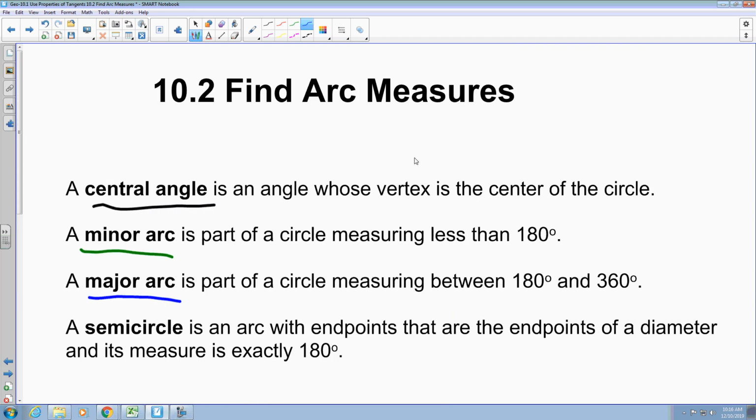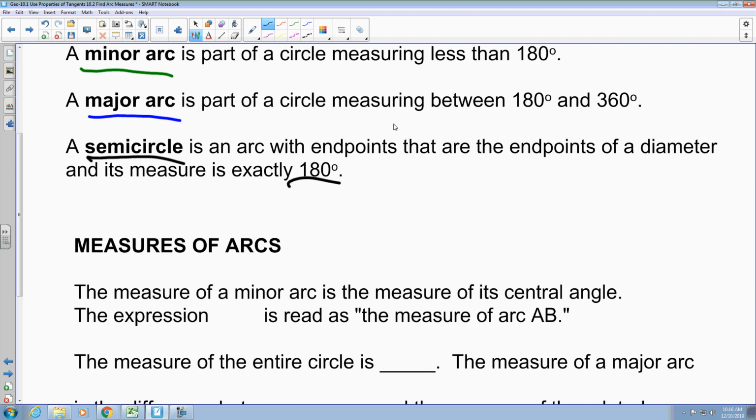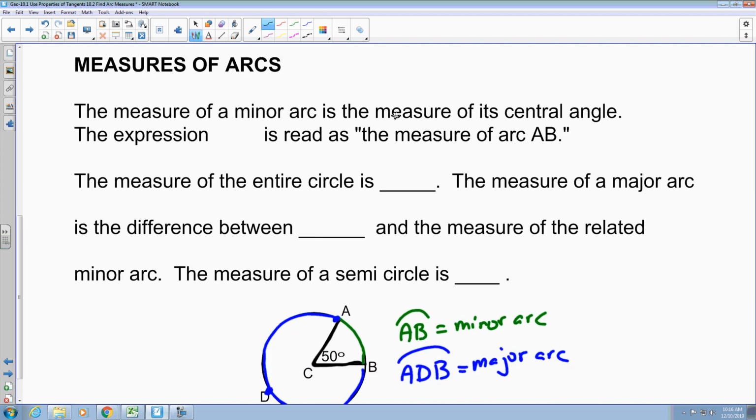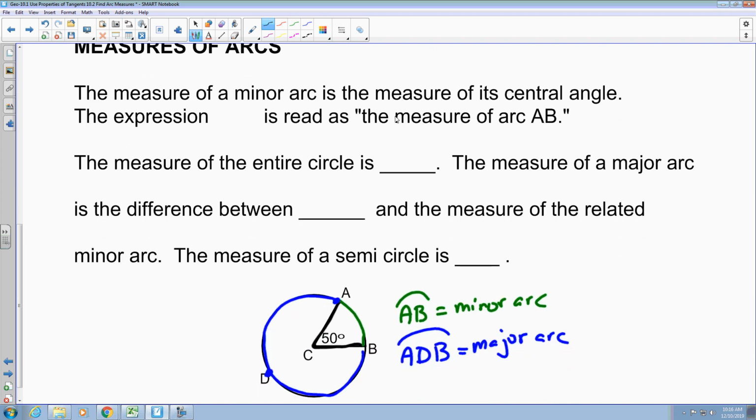And then the final arc measure that we can establish is the semicircle. A semicircle is an arc with endpoints that are the diameter of a circle, and it measures exactly 180 degrees. So if we go back to this diagram, the measure of a minor arc is measured at its central angle.